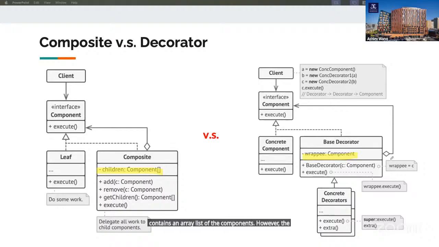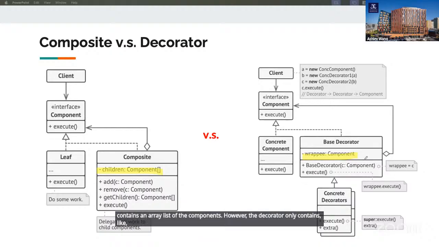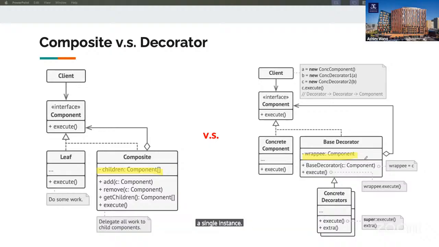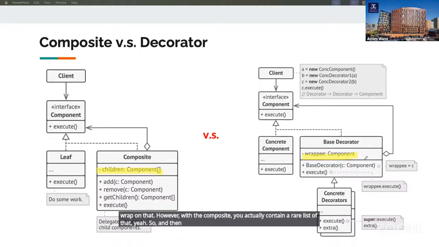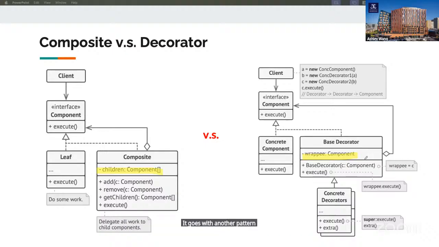However, the decorator only contains a single instance. That's actually the key difference, because with the decorator you're just wrapping the original one. So you only need that base there. One is enough, and then you just wrap on that. However, with the composite, you actually contain an array list of that. And then with the composite pattern, usually it goes with another pattern. What pattern is that?